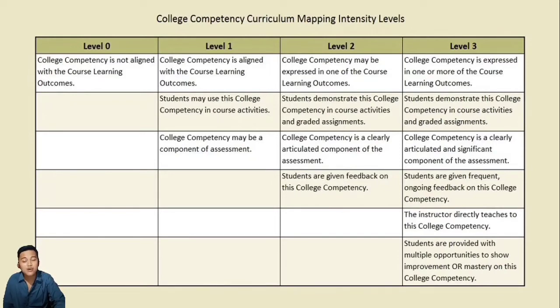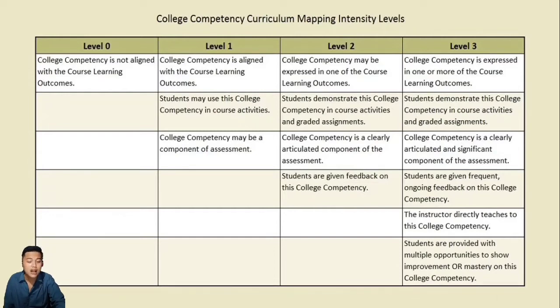So if in your curriculum mapping nabatayan ninyo na wala na-align ang program learning outcomes sa course learning outcomes, level 0 ang ibutang ninyo sa matrix. And then for level 1, ibutang ninyo ang level 1 if the college competency is aligned with the course learning outcomes. Students may use these college competencies in course activities. And then college competency may be a component of assessment. So, mao na siya ang level 1.